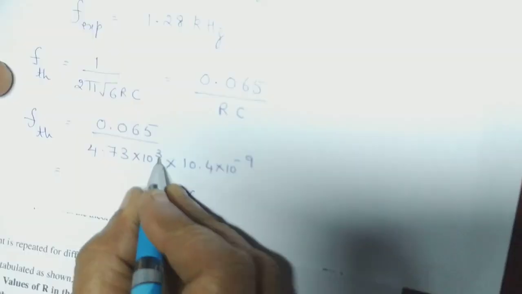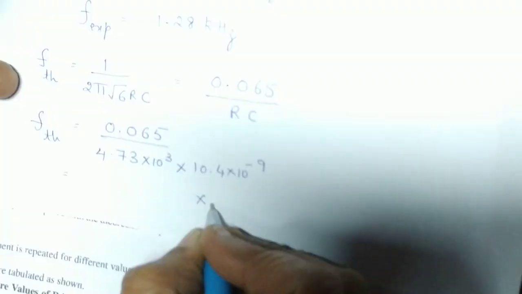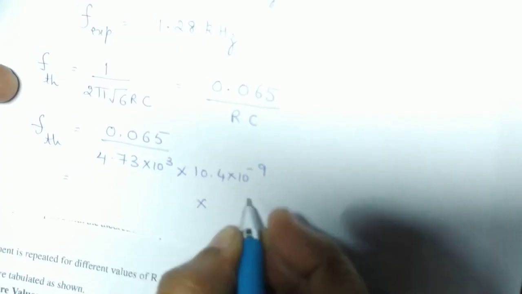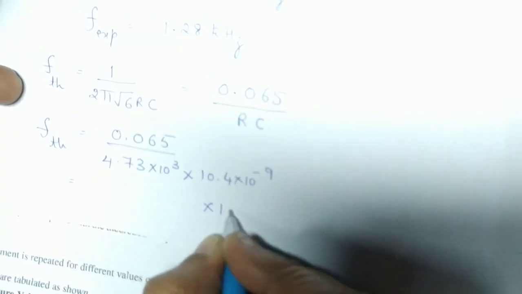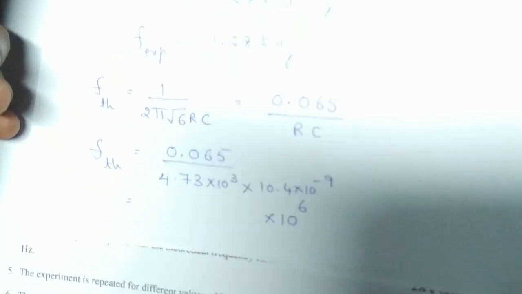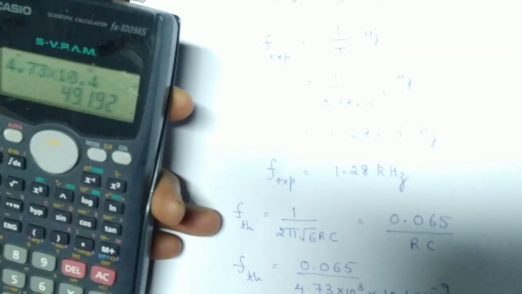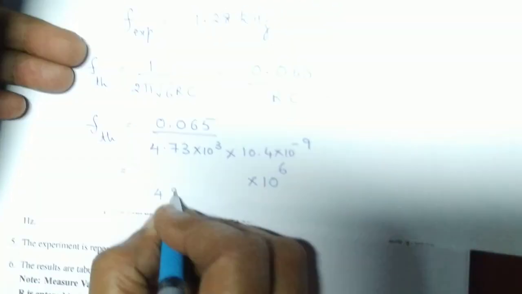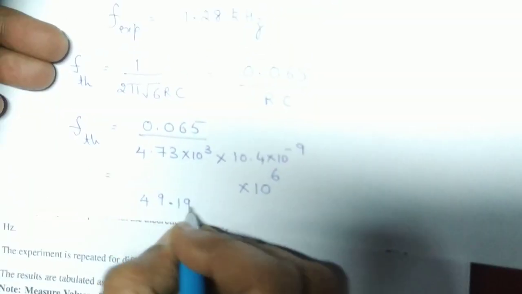I'll simplify the powers first. 10 to the power of 3 and minus 9 gives me a 10 to the power of minus 6 in the denominator, which is 10 to the power of 6 in the numerator. 4.73 multiplied by 10.4 equals 49.192.